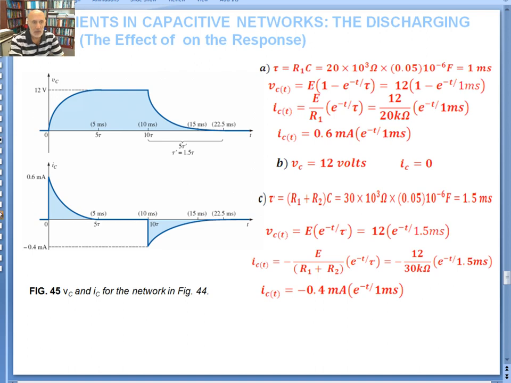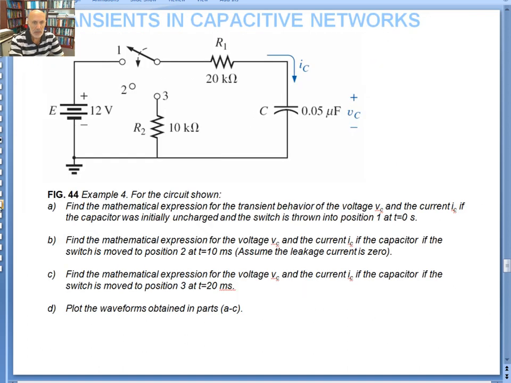So that's pretty straightforward. Part B says, determine the mathematical expression if you move the switch from position 1 to position 2 at t equal to 10 milliseconds, assuming the leakage current is 0. So I'm assuming that with the leakage current being 0, the cap is going to hold a charge, whatever it is at 10 milliseconds, which we need to calculate.